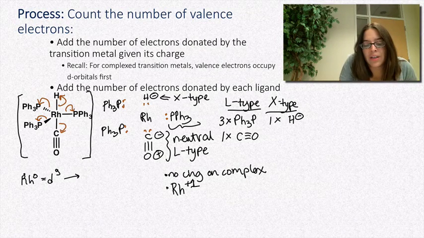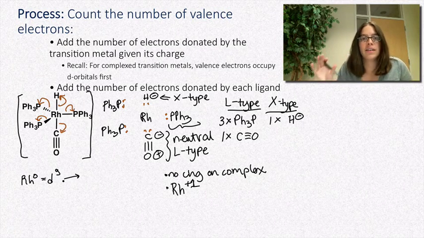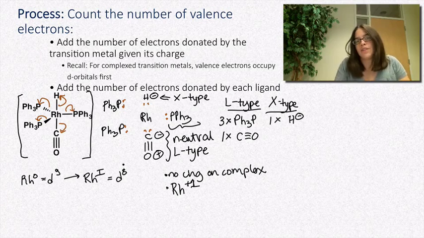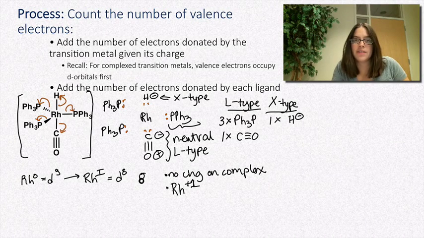So if we know that rhodium 0 is a d9 complex based on the periodic table, then we also know that rhodium in the +1 oxidation state has 8 d electrons. And so as we're counting the electrons, we can say that it is contributing 8 valence electrons.